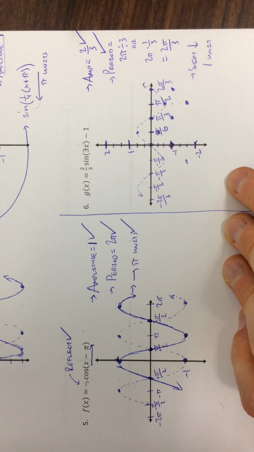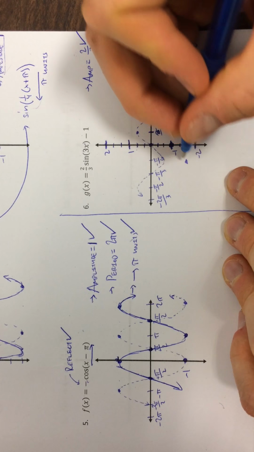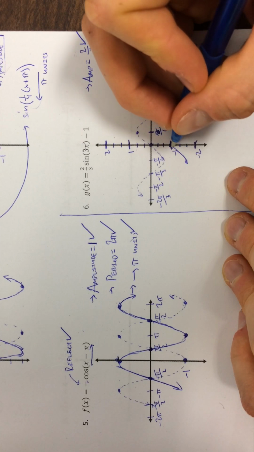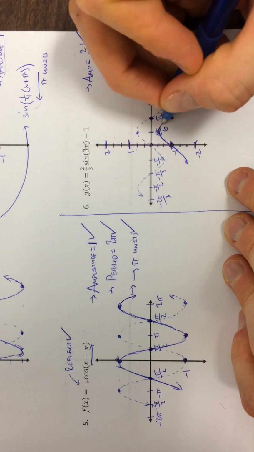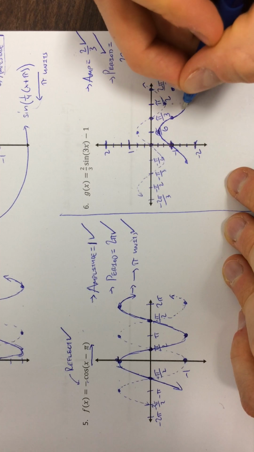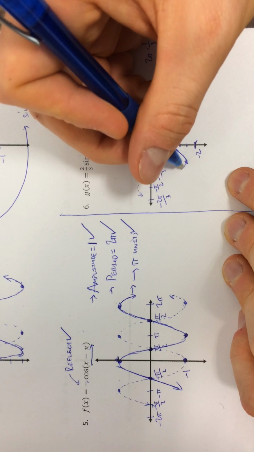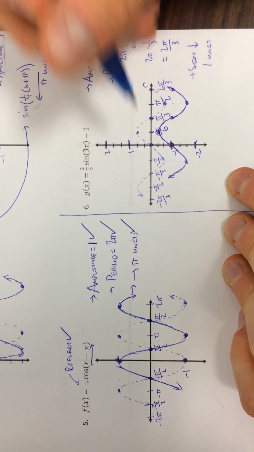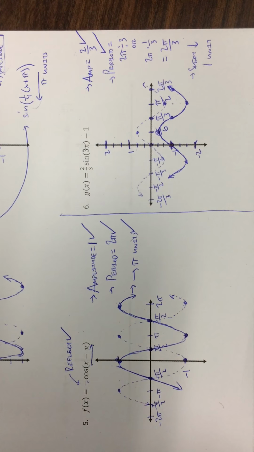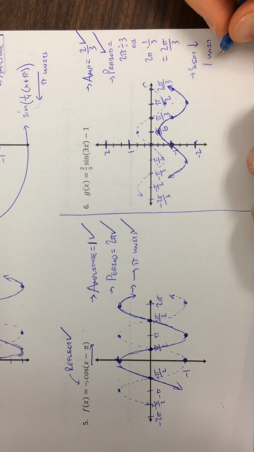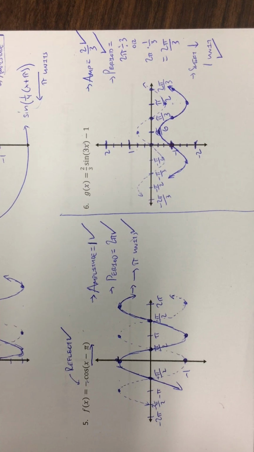Make sure that's right. And so our function looks like this. So that's our function. And so we have shifted down 1 unit, and that's our function.